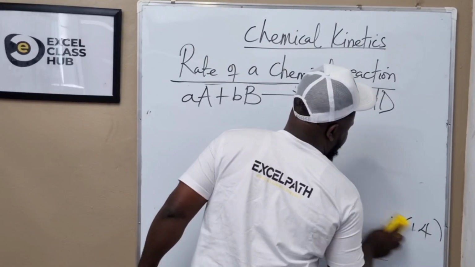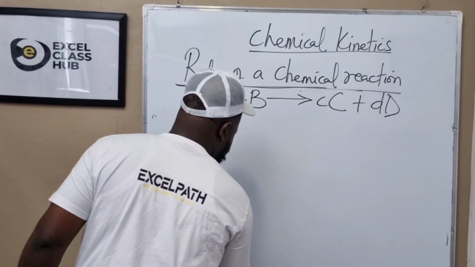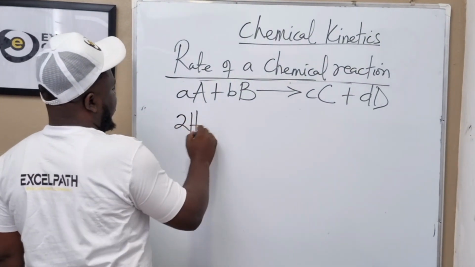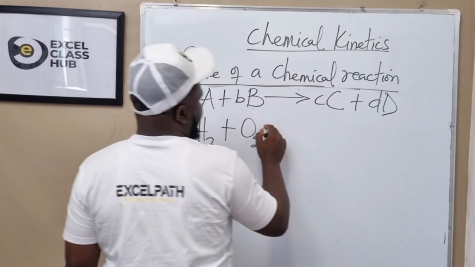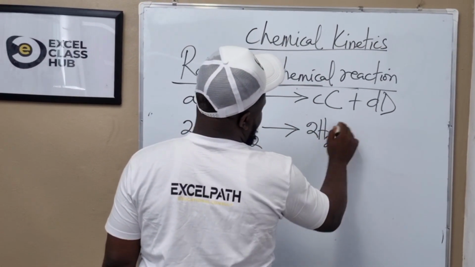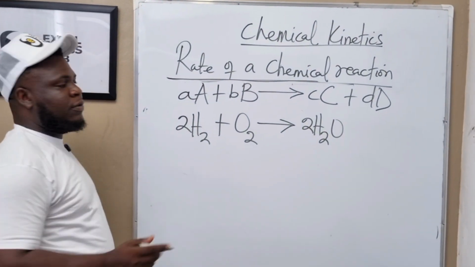So having said all that, for instance, if you are given a reaction like this, 2H2 plus O2 to give 2H2O, and you are being told to write the rate expression for this reaction.